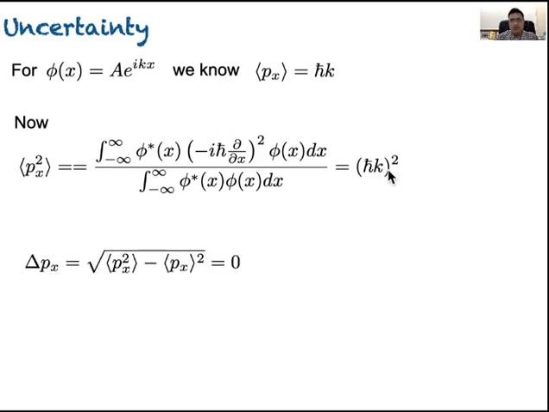The definition of delta px is the square root of the expectation value of px square minus the expectation value of px whole square. We know the values of these two, so delta px is 0. By the uncertainty relation, delta x is h cross over 2 times delta px, so the uncertainty in position is infinite, whereas the uncertainty in momentum is 0.